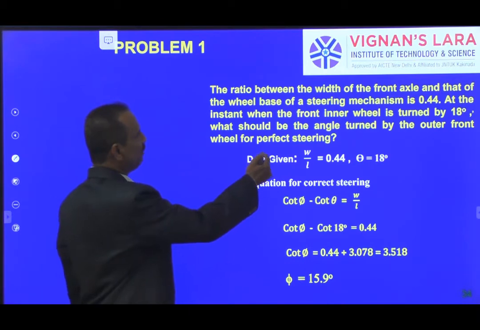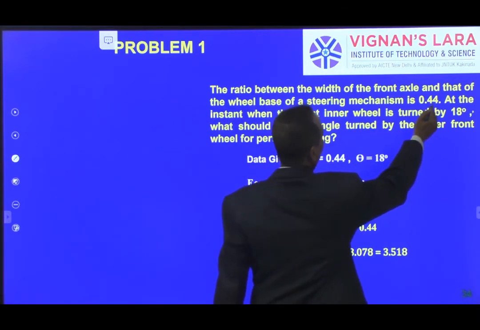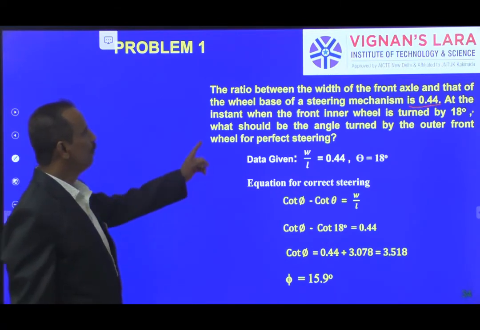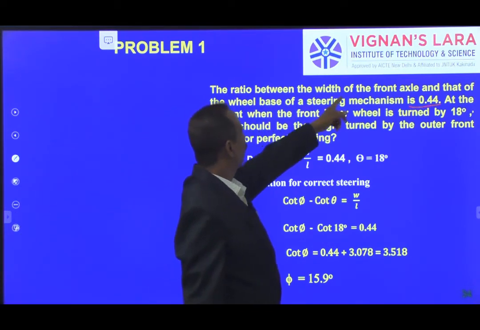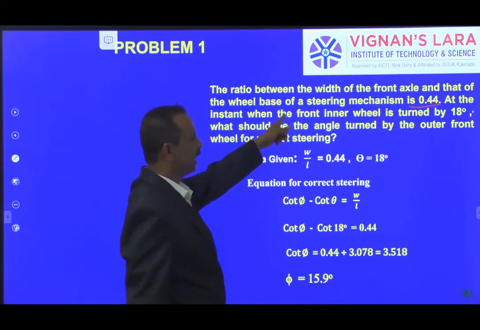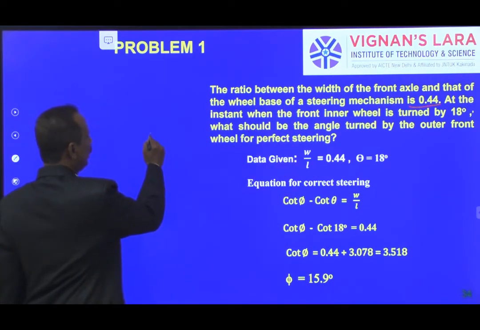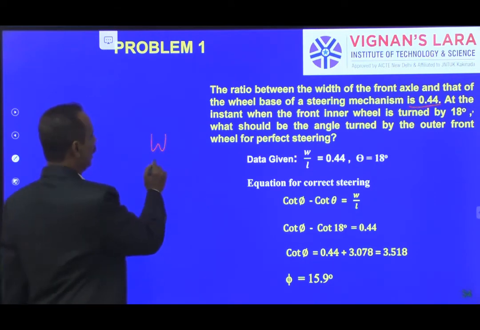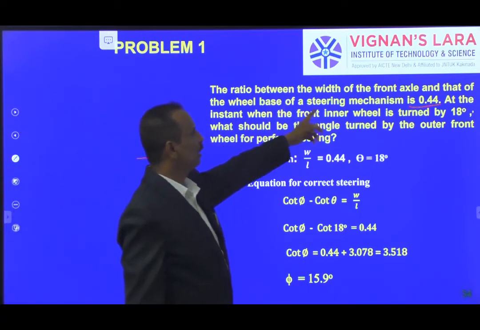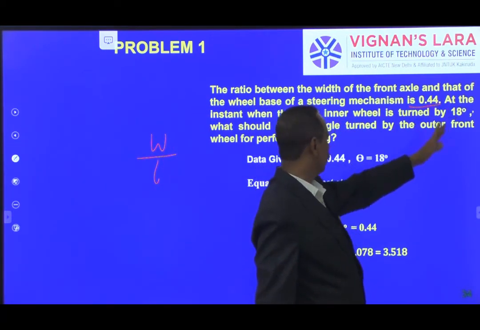So he has given the value of W by L. You can see the width of the front axle and that of the wheelbase. We defined W as width and wheelbase is L. So he has given the value of W by L is equal to 0.44.